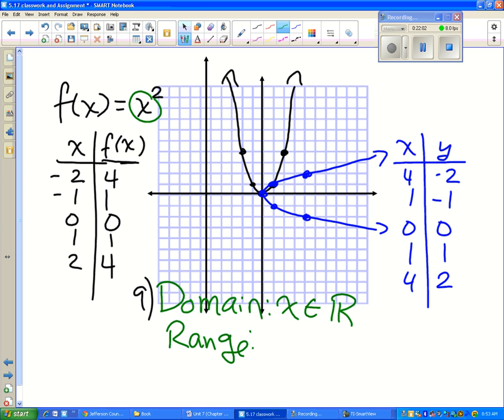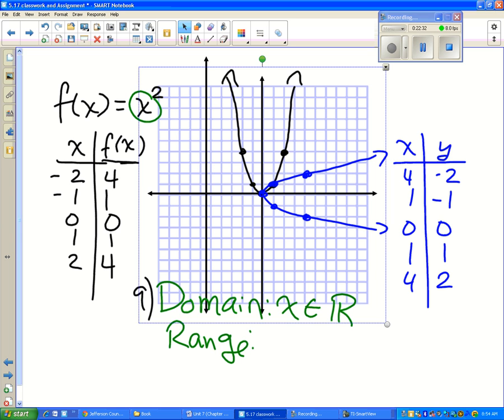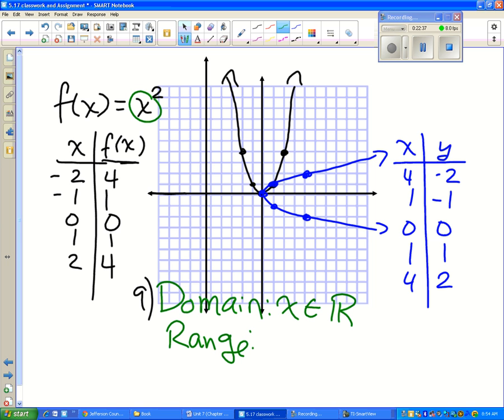My range asks the question, what y's is this graph going to give me? If I plug in -3, -4, -50, -1,000,000, +1,000,000, I plug in all these numbers, what y's is it going to give back to me? Is it going to give me back every single number? If I'm looking at just the black graph, it's going to give me all my numbers that are greater or equal to 0.